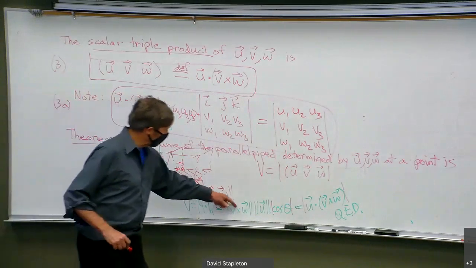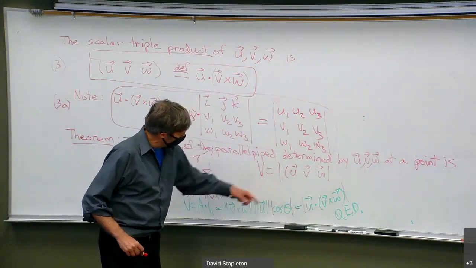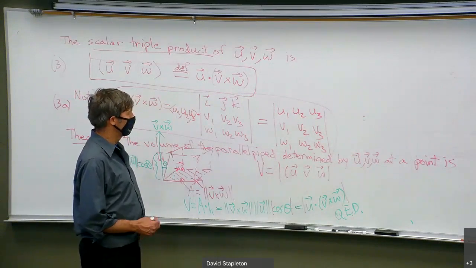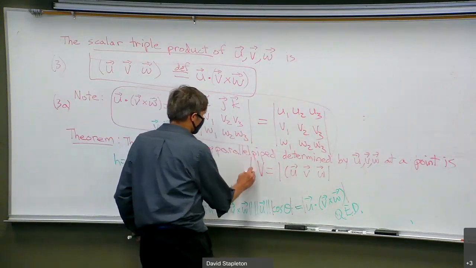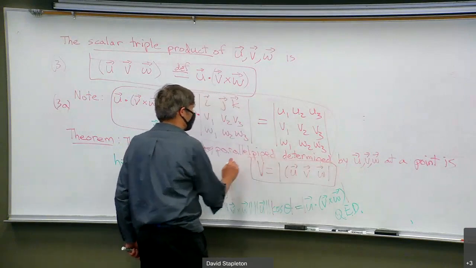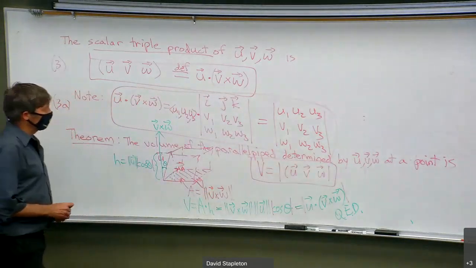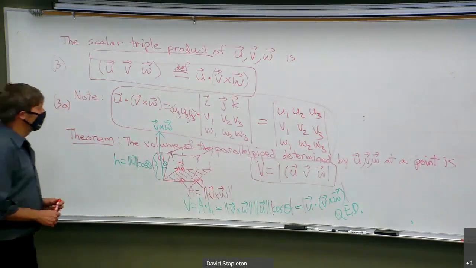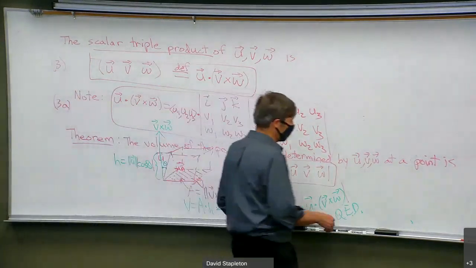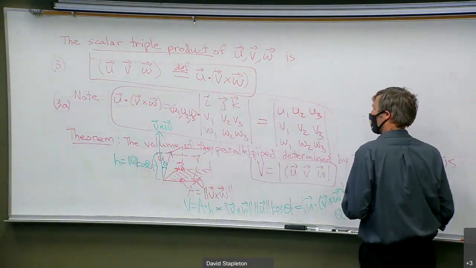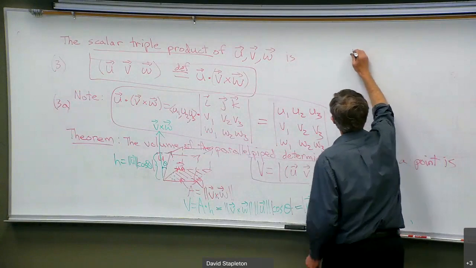Since these are already positive, the absolute value is that of the cosine. So there's the volume formula. The absolute value of the scalar triple product is the volume of the parallelepiped.